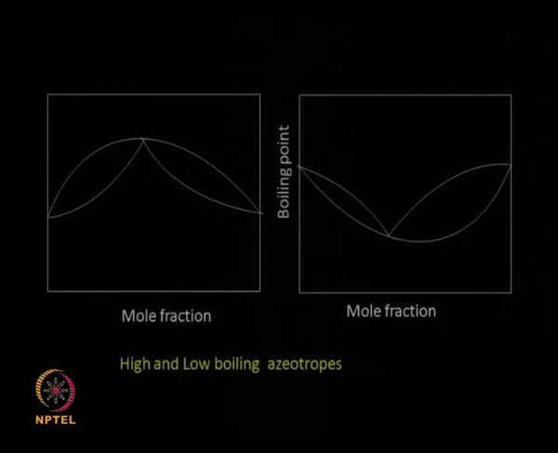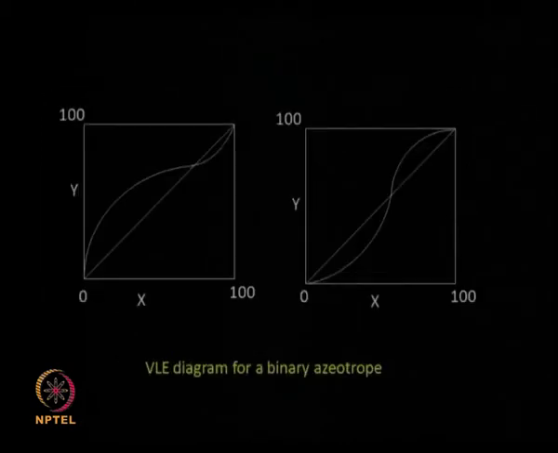We can use that type of membranes for breaking azeotropic situations. So how do azeotropes look in the VLE diagram, the vapor liquid equilibrium diagram? So the azeotropes will look like that, x and y. So you may have, instead of the graph going all the time above the x equal to y line or all the time below the x equal to y line, it will just cut at some point. Okay.